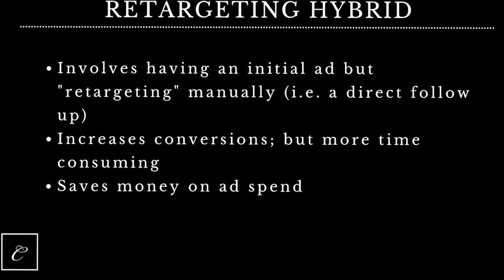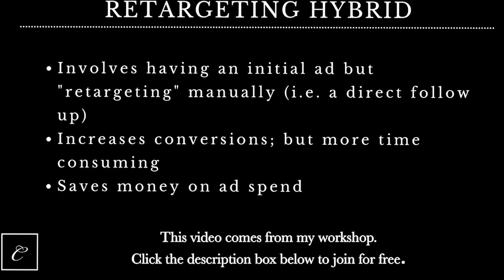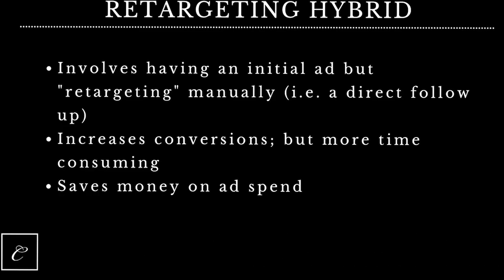Finally, you can do what I call a retargeting hybrid. And basically this means you can cut costs and improve conversions by manually retargeting. For example, when I suggested to you if you had a frugal sales funnel that you should pay for an initial ad that directs people to your social media, and then you should welcome them and pitch your offer.